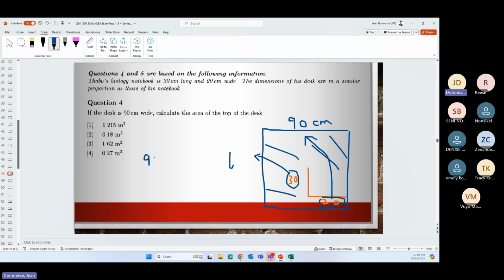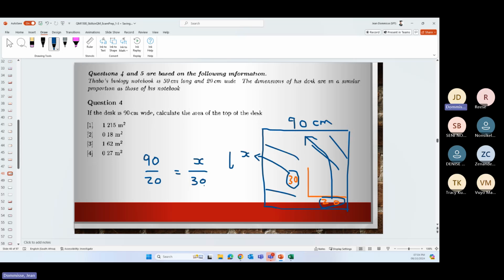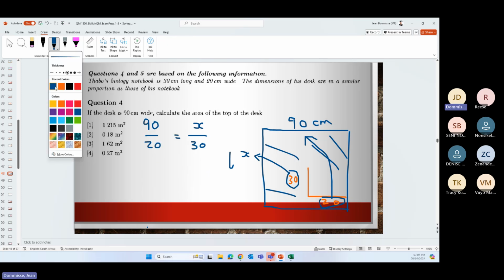So the ratio of 90 over 20 is equal to that length, which let's call it x, is over 30. Okay, so again, we can work that out.